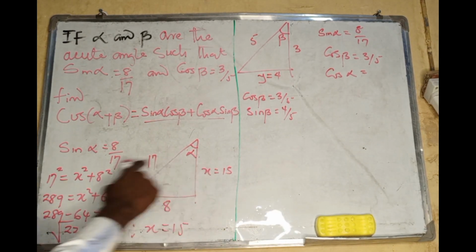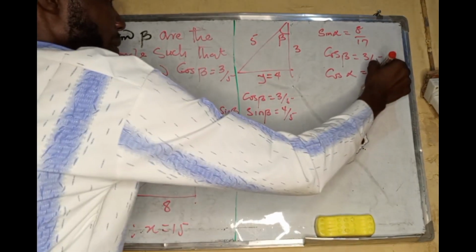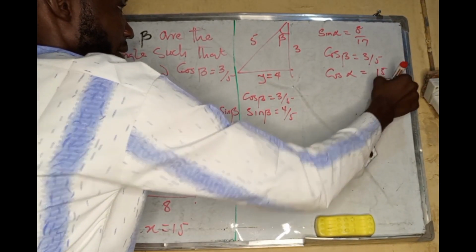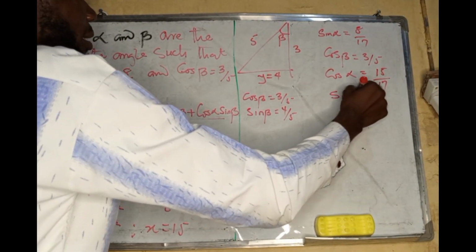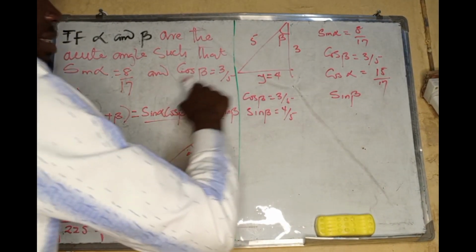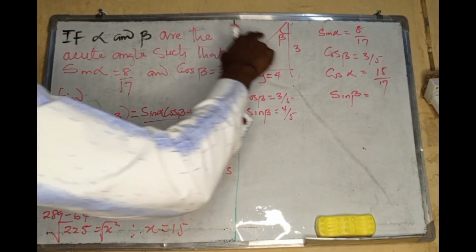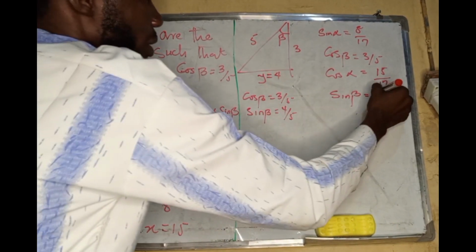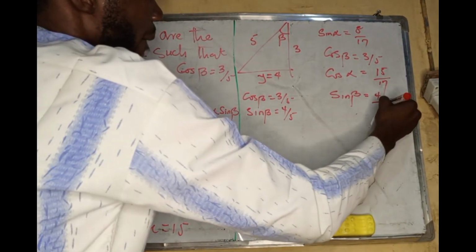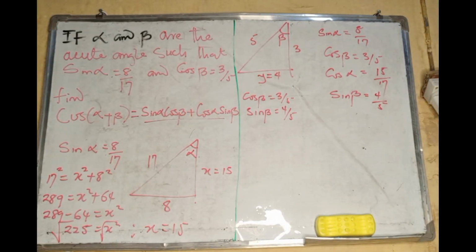Cos is adjacent over hypotenuse, which is 15 over 17. And next, we need to get sine beta that is missing here, and this is from the beta side. So therefore our sine beta will be opposite over hypotenuse, which is 4 over 5. Is that clear?